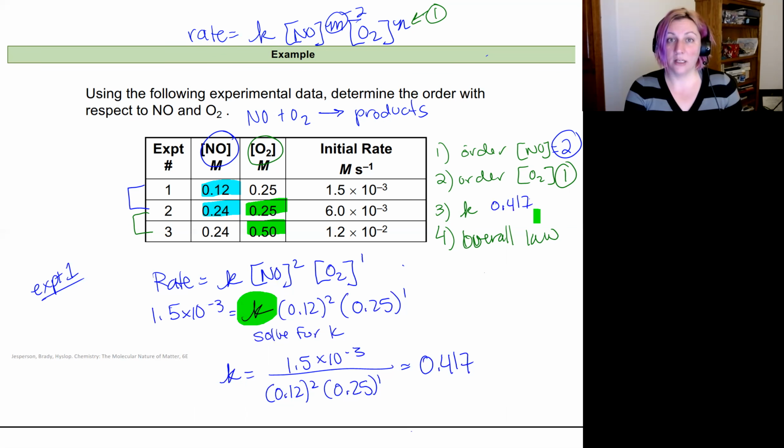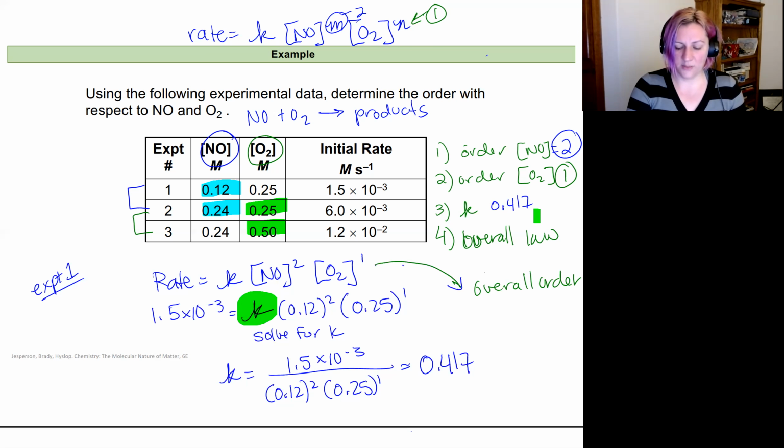Now I need to figure out what its units are, right? So for that, the overall order for this reaction, let's switch colors. The overall order is 2 plus 1, because I'm just adding up my exponents when I do this. So I have a third order overall reaction. So that means that my K units need to reflect that.